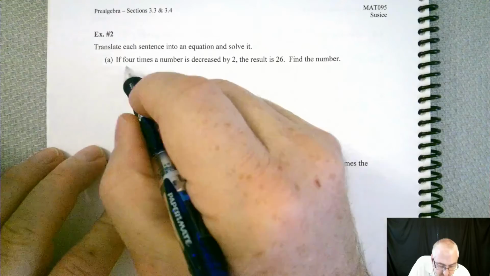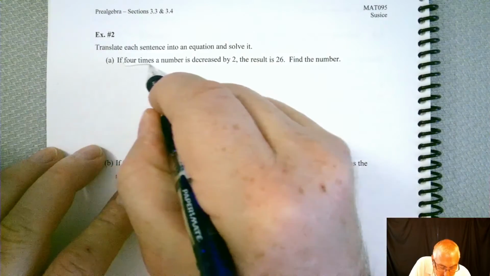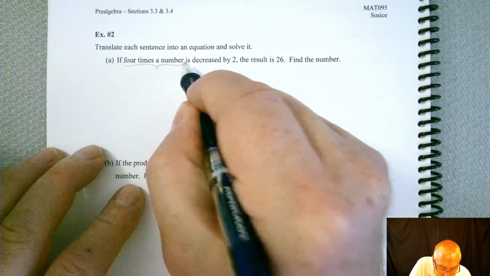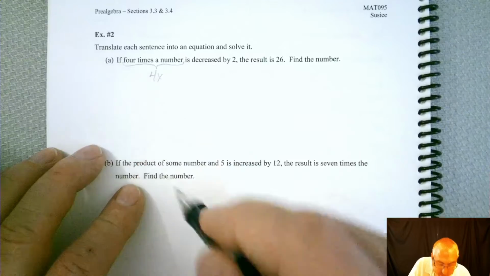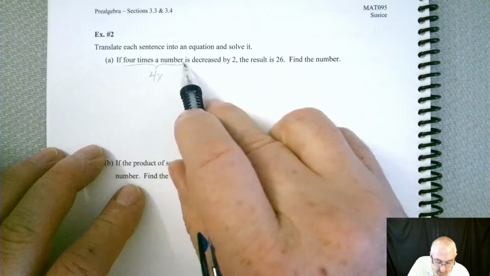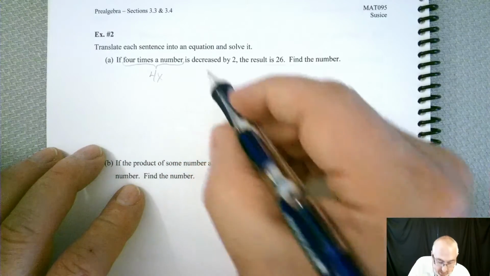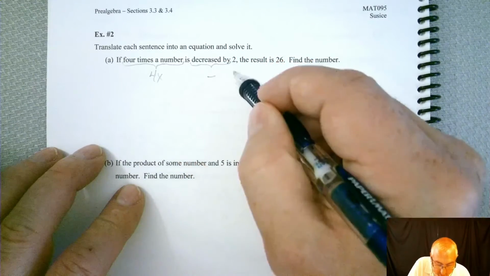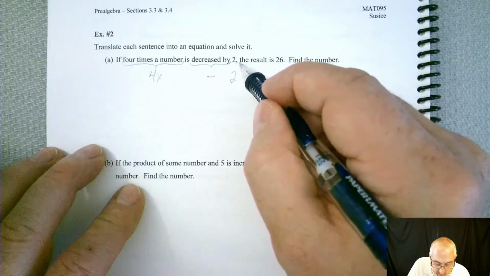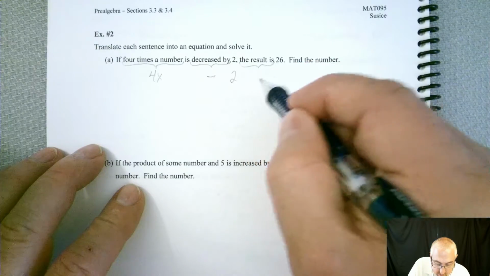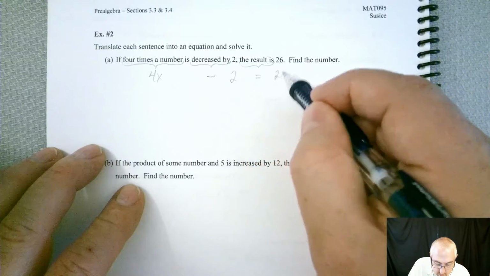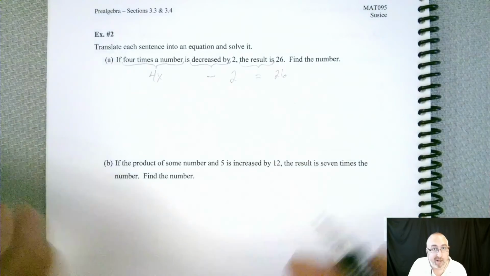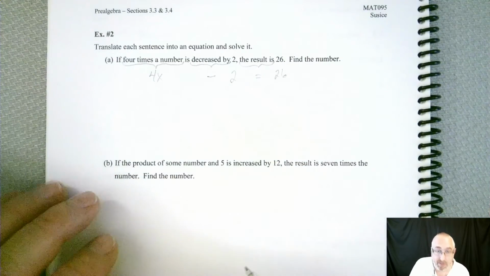So we should know that 4 times a number is our 4x. So 4 times a number is decreased by, so we know decreased is subtraction, and then the 2, and then the result is 26. And we actually have our equation right there.